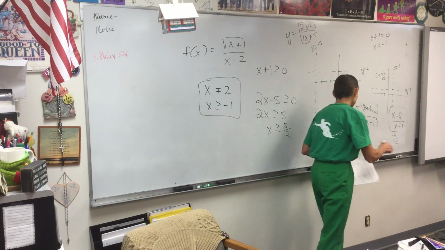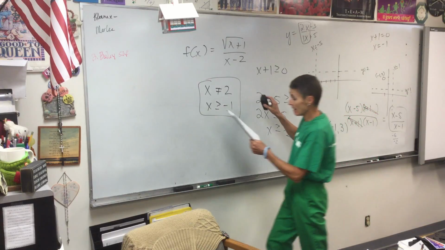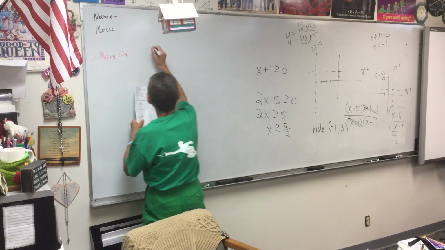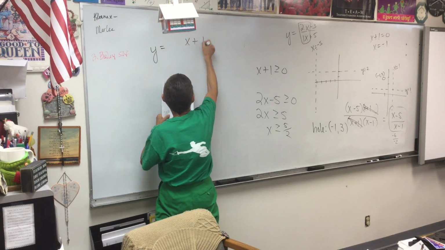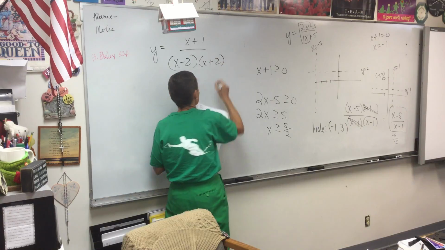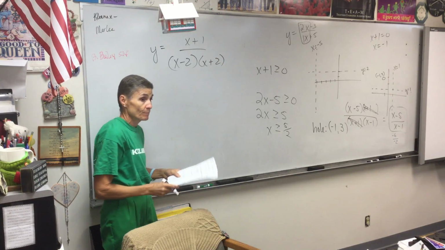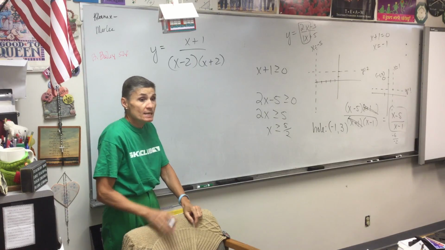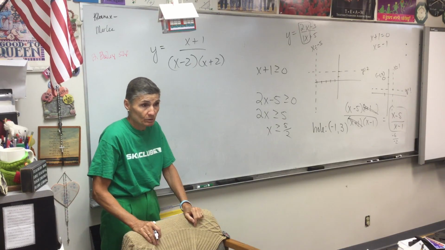Okay, so now look at problem C, and there are a couple of things different about it. First of all, you can factor the denominator, so I'm going to go ahead and do that. But am I going to have a hole? No, nothing is going to cancel out.